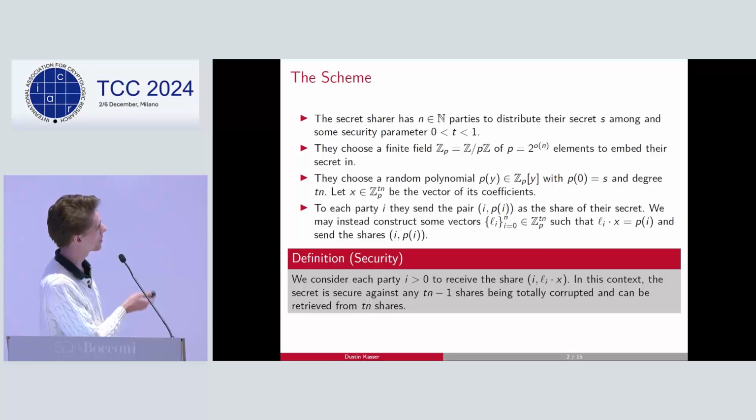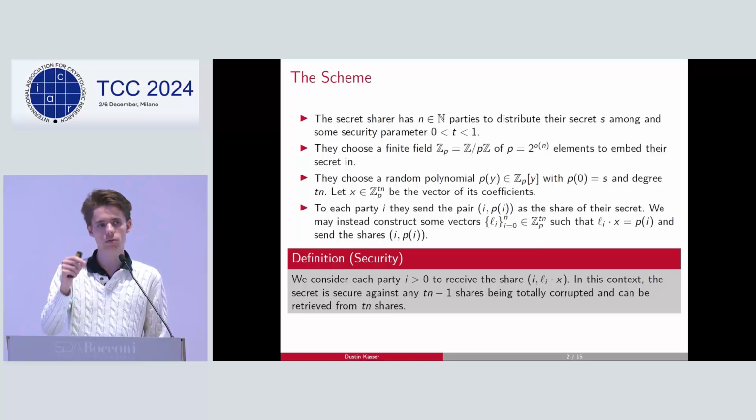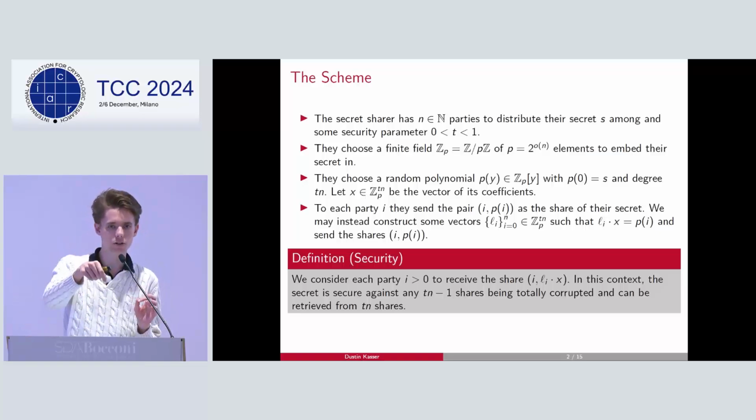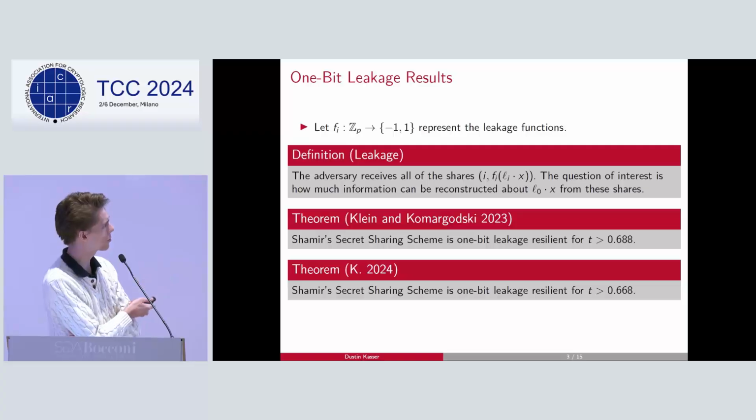So our definition of leakage is that we have these 1-bit functions, and a function looks at each share sent out and then reports back to the adversary. Klein and Komargodski in their 2023 paper got leakage resilience for t greater than 0.688.